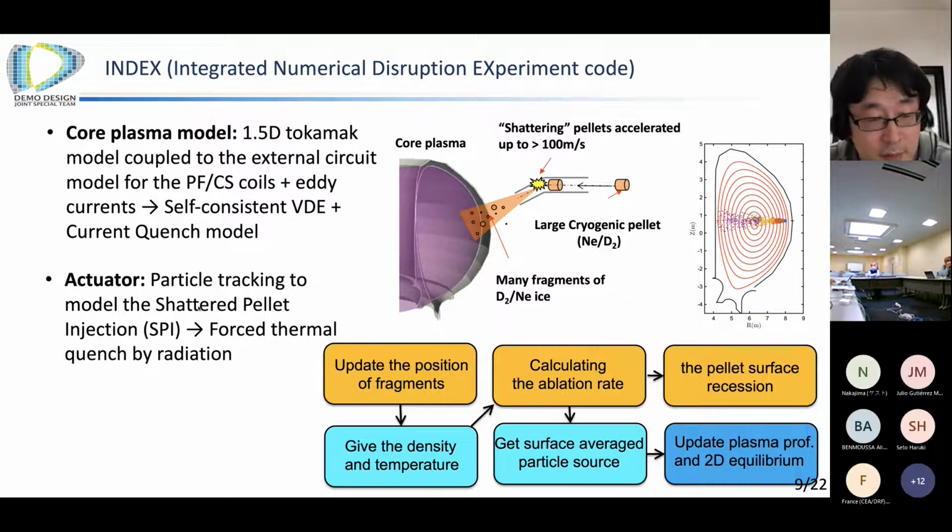The simulation tracks the time evolution of the plasma profile and the current profile to evaluate the electron density profile that is important for runaway electron mitigation, and also the change of the electron temperature and the impurity that is of course important for the evaluation of the thermal loads. And using the feature of the INDEX code, the code can also track the evolution of the plasma current and the vertical position. Such a feature can also be used for the evaluation of the electromagnetic load in the device.